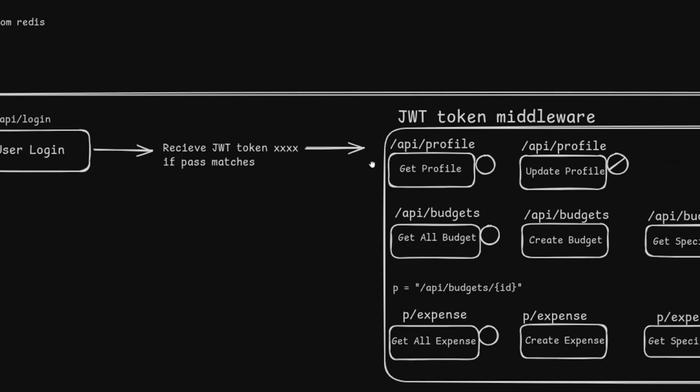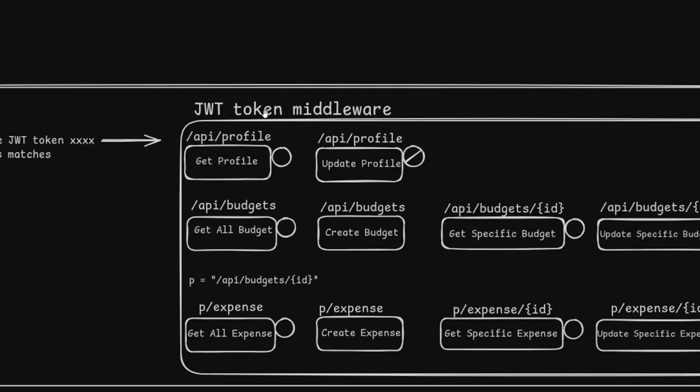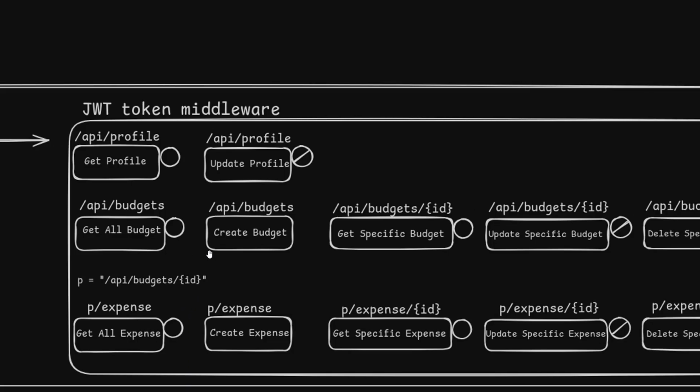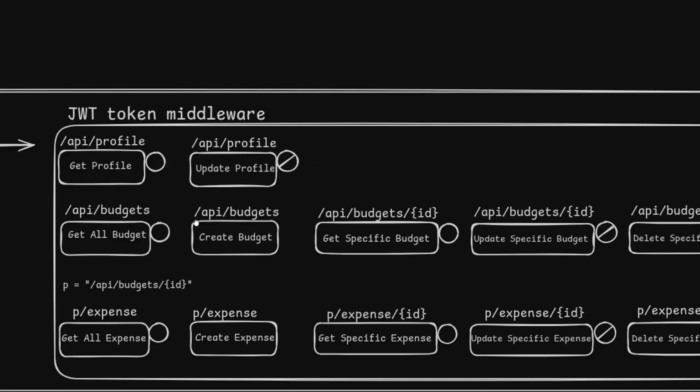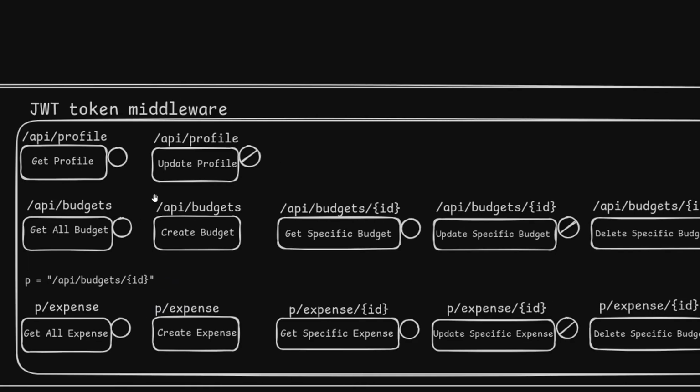After that, the JWT token is used as a middleware, so that all the requests like getting the profile or creating a budget and having expenses inside the budget go through our own middleware, which protects the user from anyone else breaching the API.